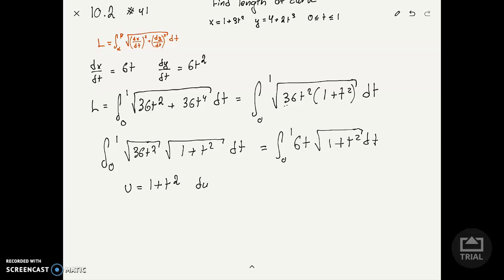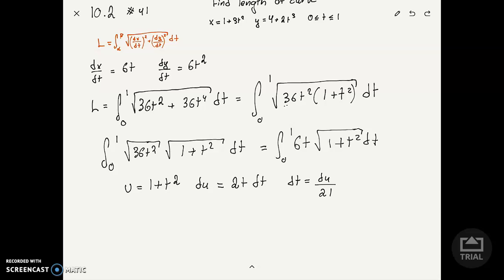The inside of the radical is a good thing to make the u, and its derivative is appearing outside, so double check there. The derivative is just 2t dt, and I personally like writing it separating the dt, so dt is equal to du over 2t. The last thing we should do is find our bounds of u, or limits of integration, because those are t values.